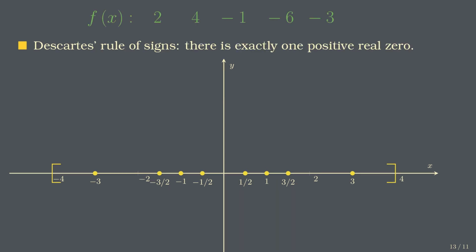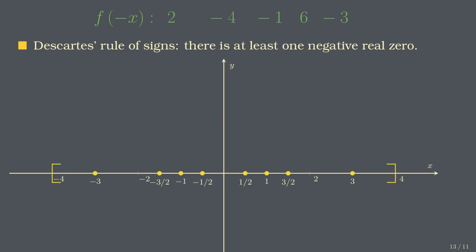But before that, we actually have Descartes' rule of signs, right? There is only one variation of sign in f of x, so you know that there is exactly one positive zero. And for f of minus x, there are 3 variations of sign, so we know that f of x might have 3 or 1 negative zeros.